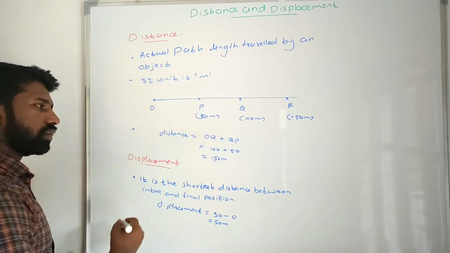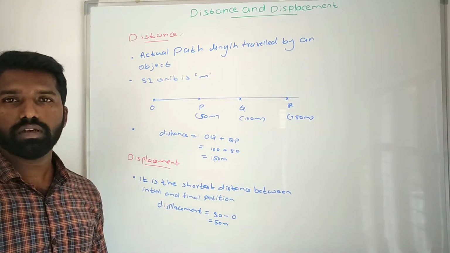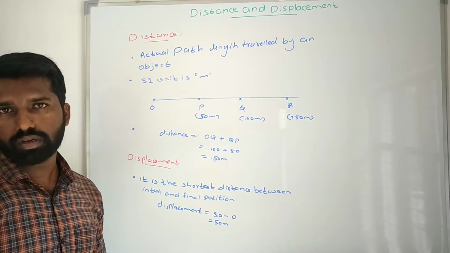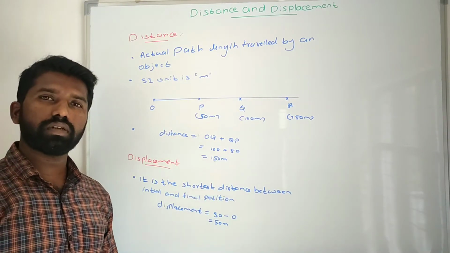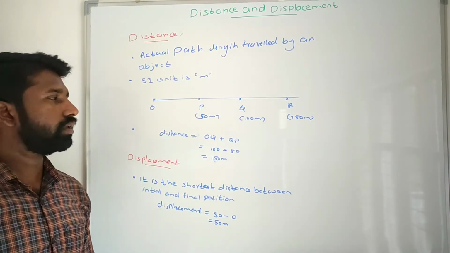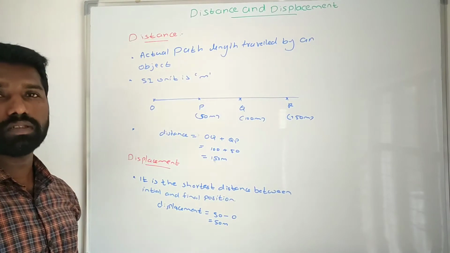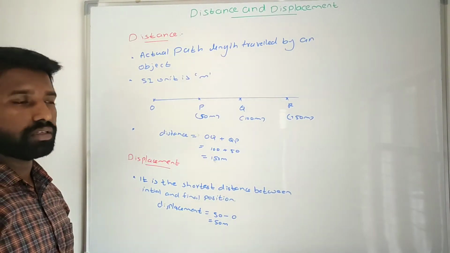In the previous example, the distance is 150 meter, but the displacement is 50 meter. It is not necessary that the displacement is the actual path length. So how do we find the displacement? Displacement is the final position minus the initial position.